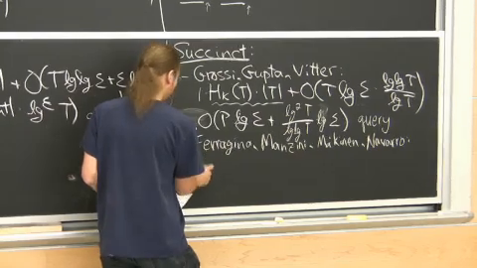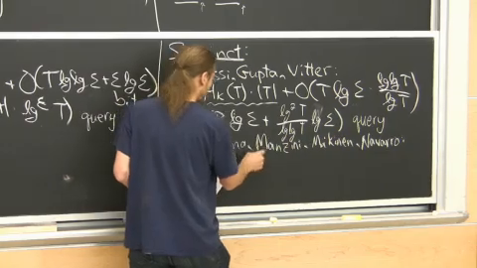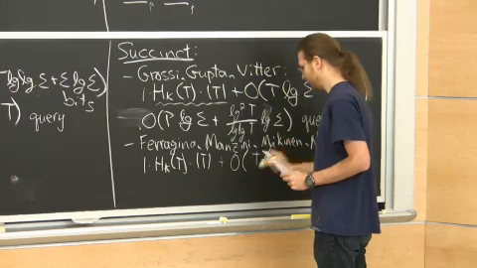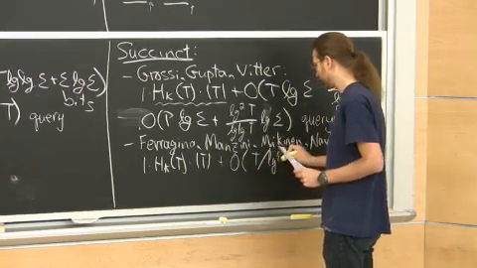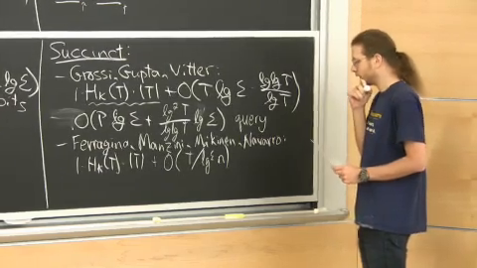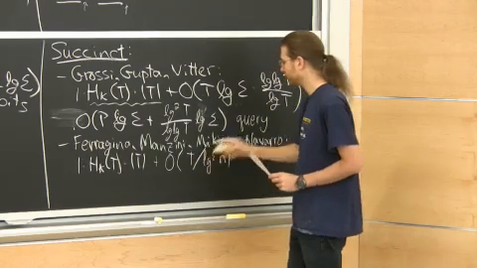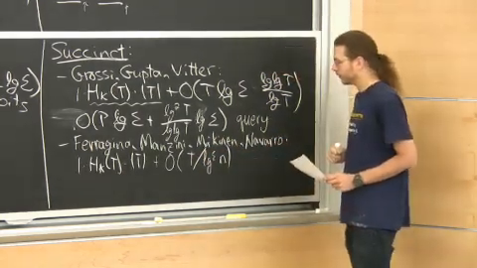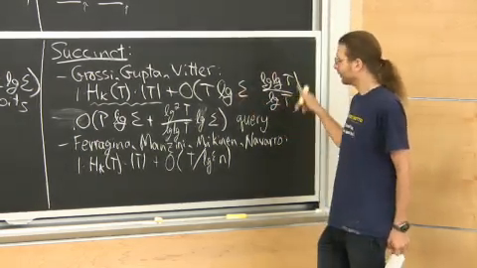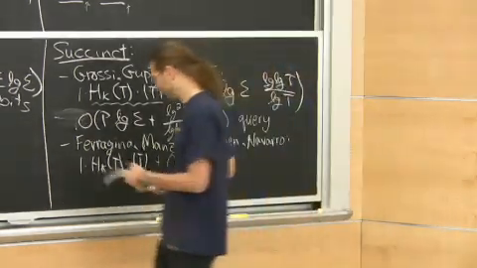They also achieve 1 times Hk of T times T as the leading term, and they get T divided by log to the epsilon n. There's probably a log sigma here too. I'm not sure. It might just be T. Probably just T, actually. So we get rid of the log sigma, but this log over log gets slightly smaller. It's only log to the epsilon now.